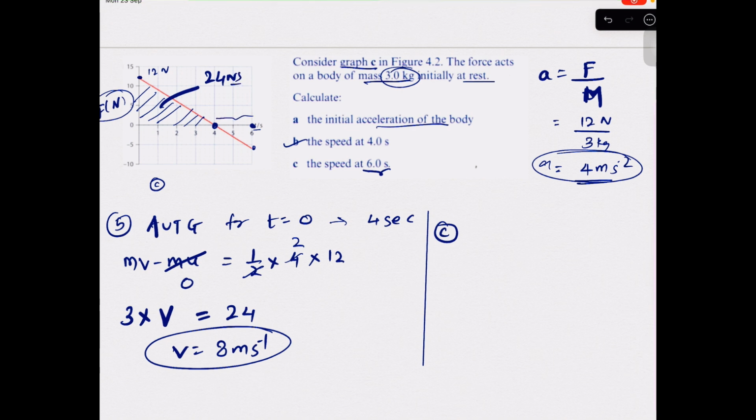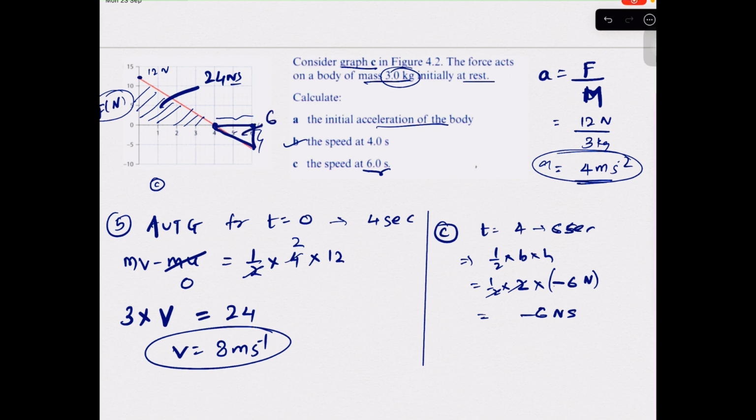In the last 2 seconds the momentum change will be negative, that will be 24 Newton second minus 6 Newton second.